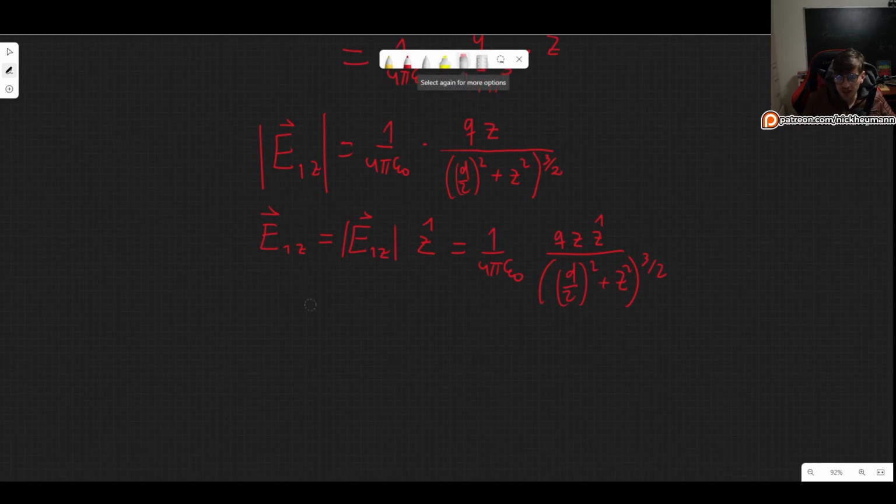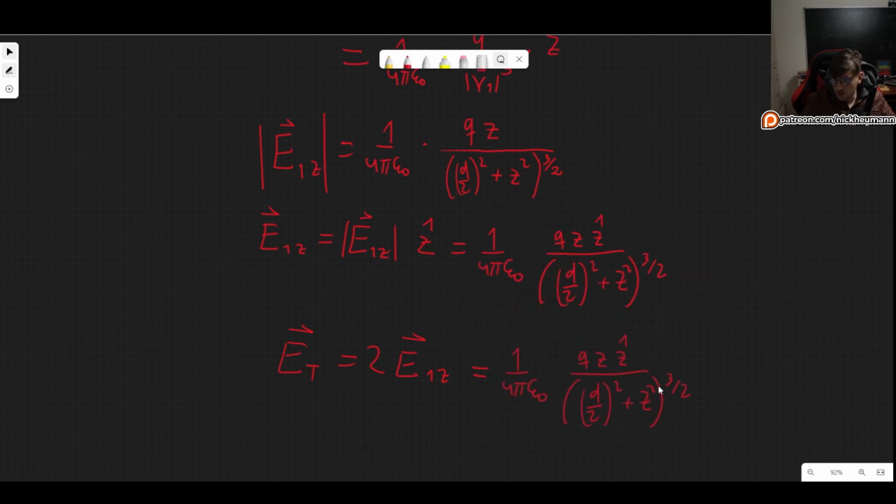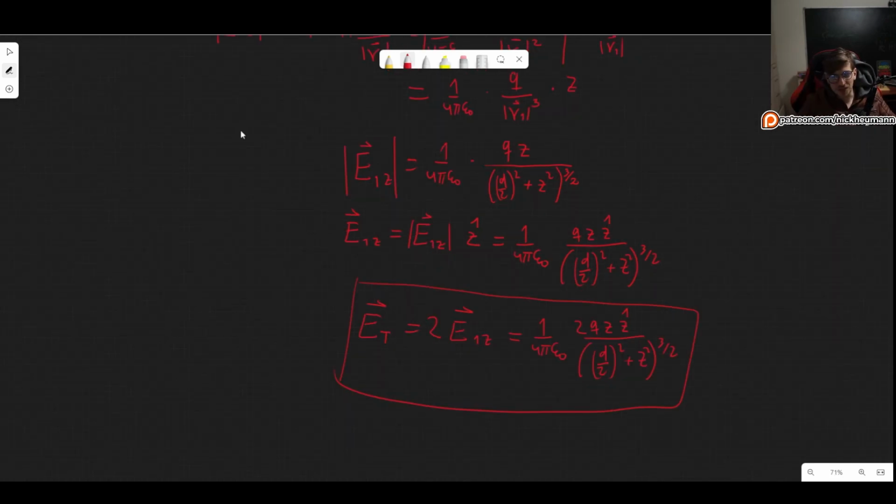Well, the total electric field is twice this electric field. So it is simply this exact same thing times 2. So we take this and we just multiply it by 2. And there we go. We got the exact same result as using the different method, but I hope that this also helped you understand it in the geometric sense.